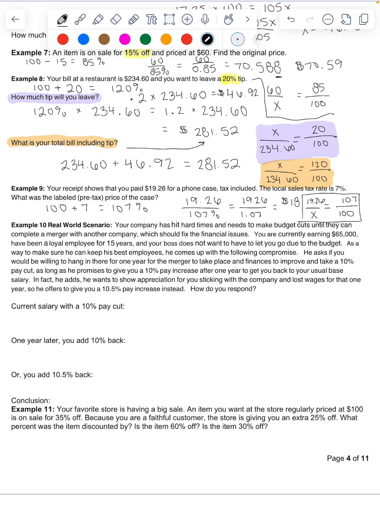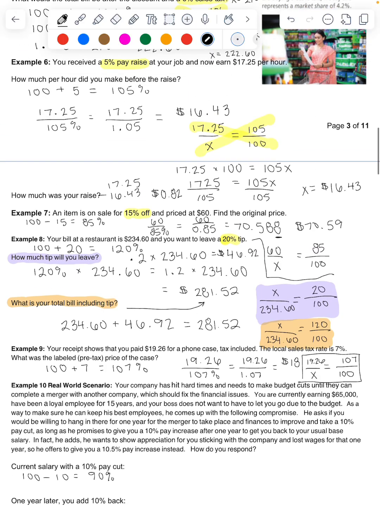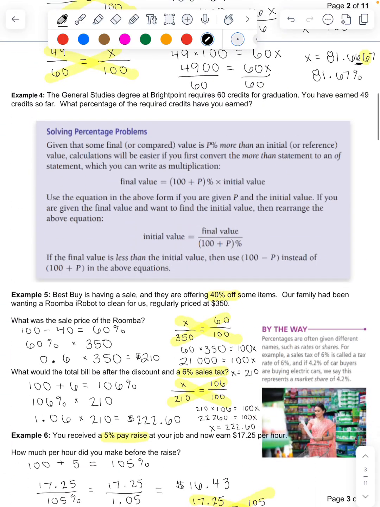So if we want to figure out what's going to be our current salary with a 10% pay cut, if I'm getting a pay cut, that means I'm getting 100 minus 10. I'm going to end up with 90% of my original salary. So I'm going back up here to my formulas.